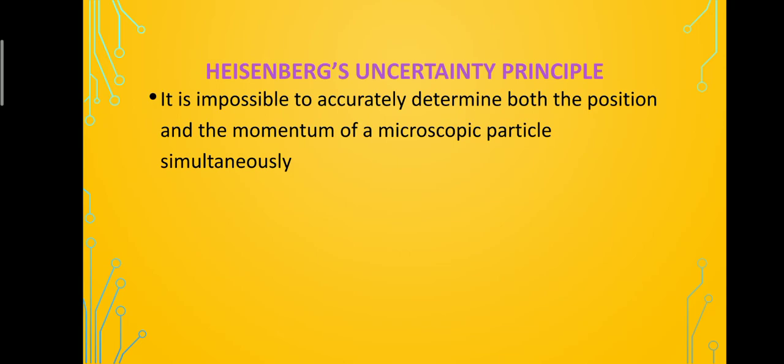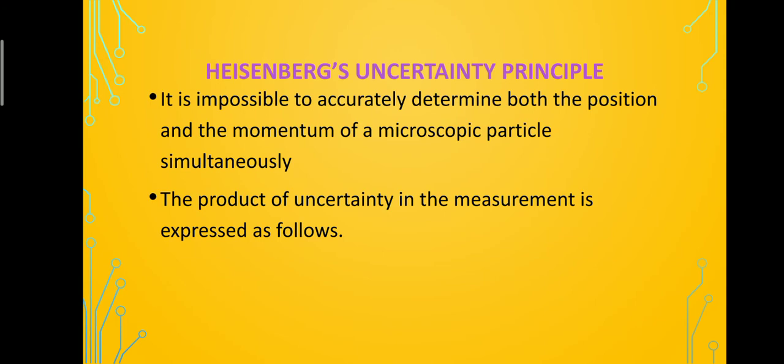At a given instant we cannot predict the position and the momentum of a microscopic particle accurately. This was Heisenberg's uncertainty principle, and it states that it is impossible to accurately determine both the position and momentum of a microscopic particle simultaneously.